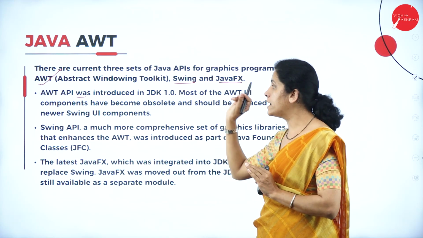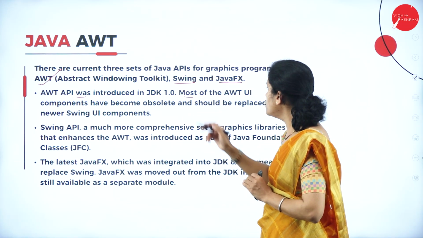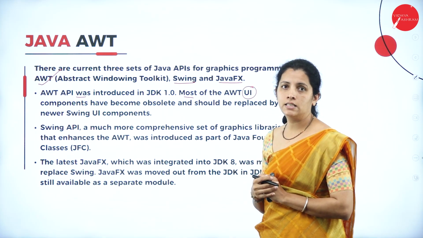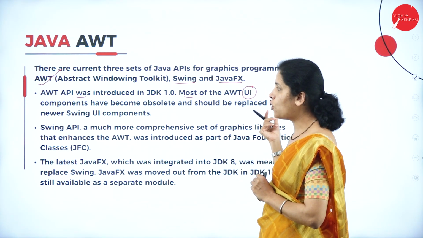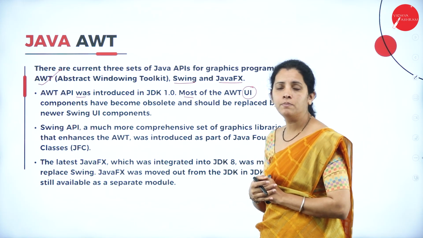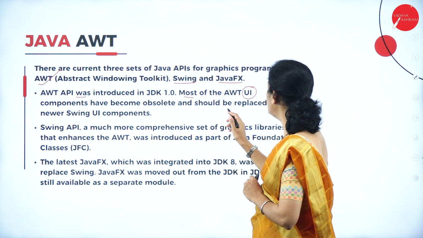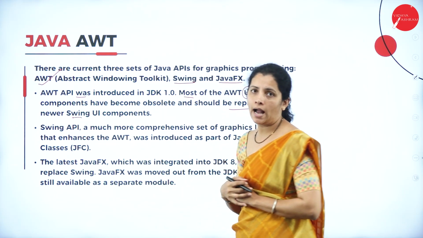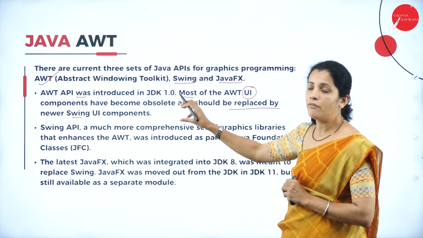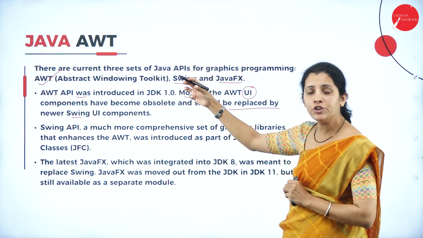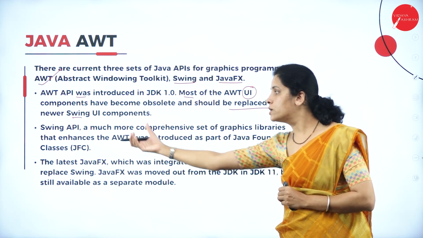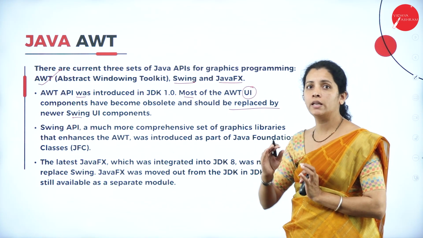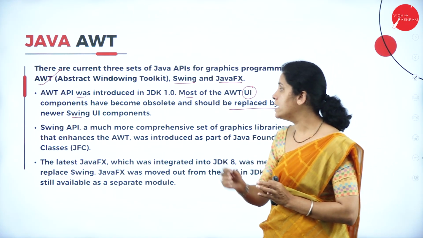That is Java Development Kit. Most of the AWT GUI components have become obsolete and should be replaced by Swing UI. This is the first and initial product. Nowadays we use Swing, so we are going to replace AWT with Swing.